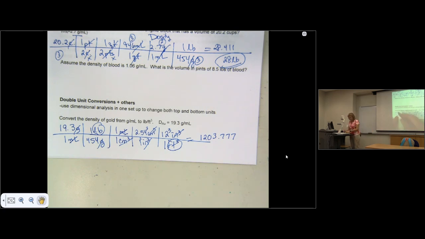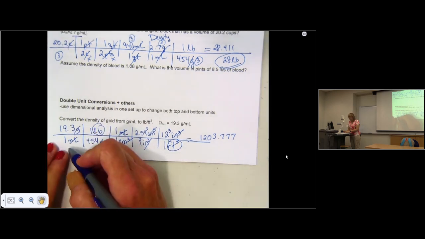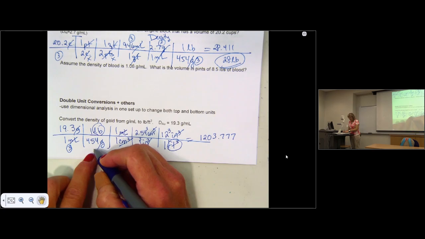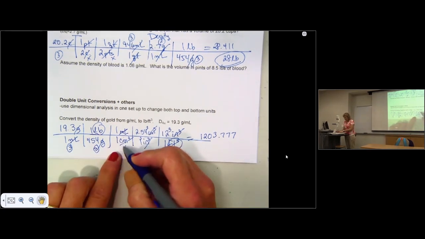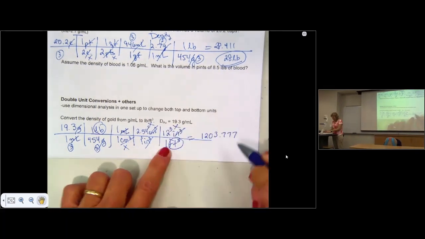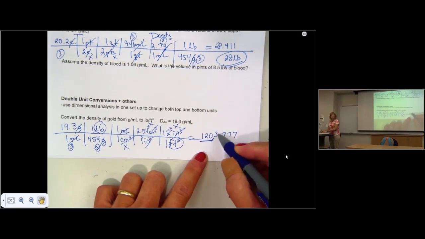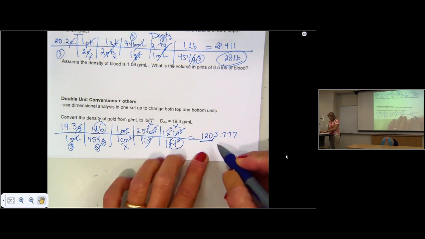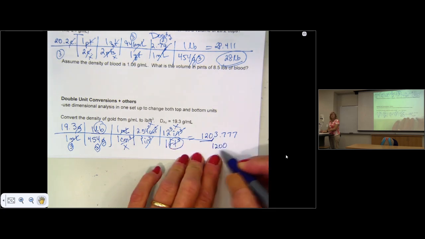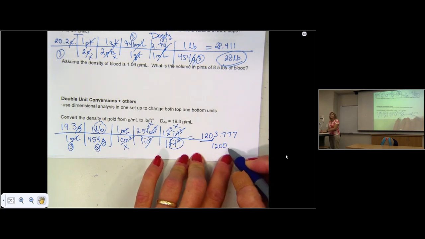How many significant figures does this have? 3. How many significant figures does this have? 3. This has to have 3. Does a 3 make a 0 go up? No, so we call that 1,200. But if I leave it at 1,200, that is two significant digits. If I put a decimal, that would be 4.